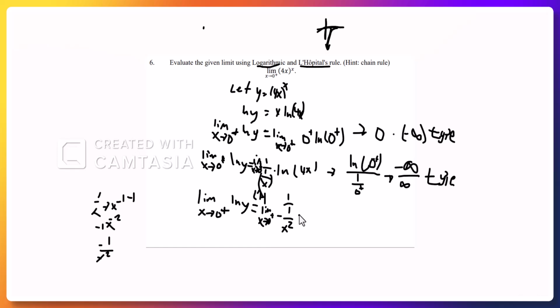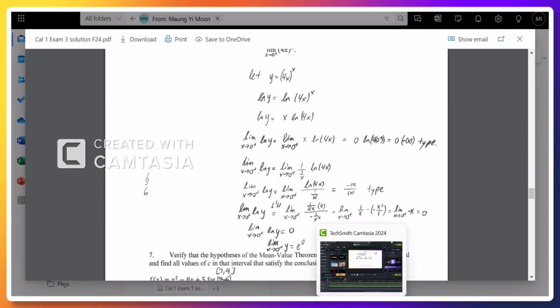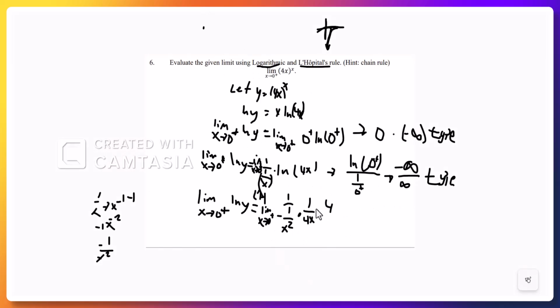And then this is also going to be multiplied by the derivative of ln of 4x. So this is going to be 1 over 4x times 4. The reason why we don't do the product rule is because we're finding the derivatives of two different functions.